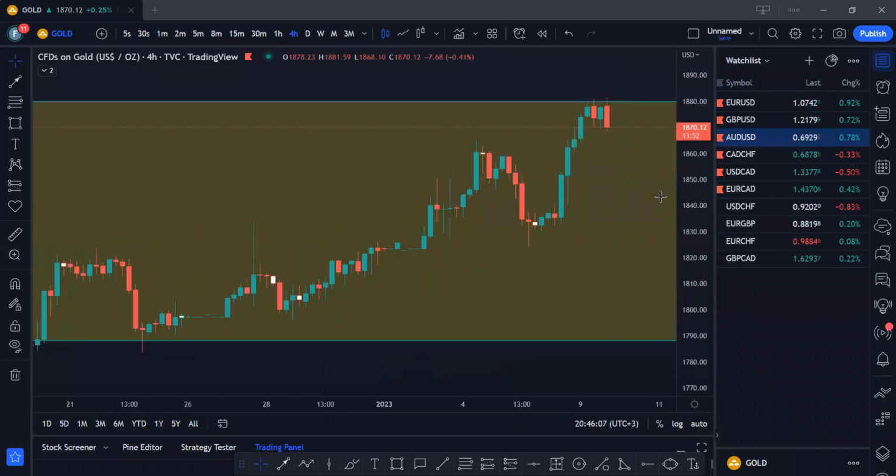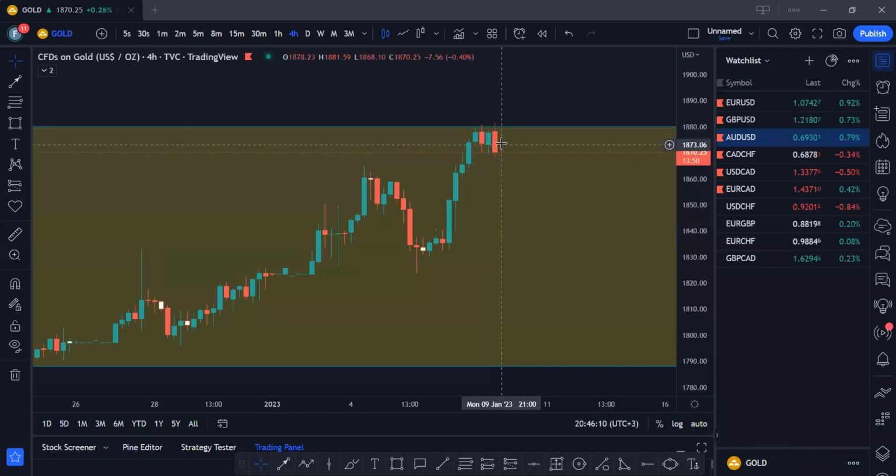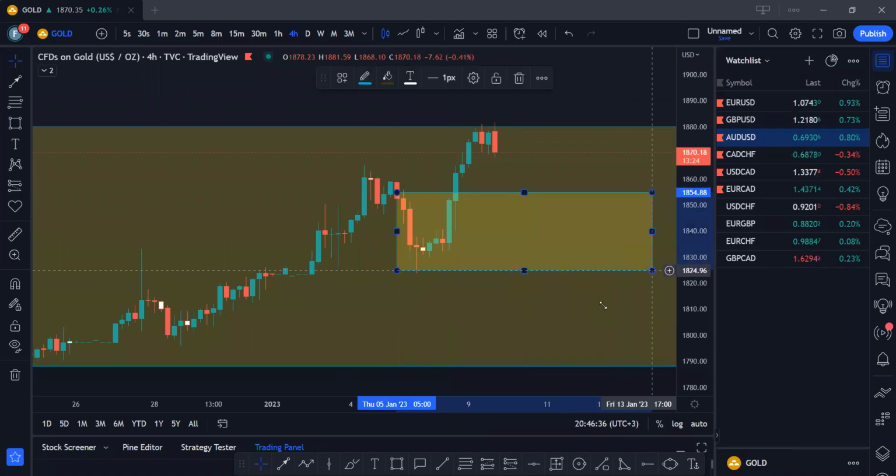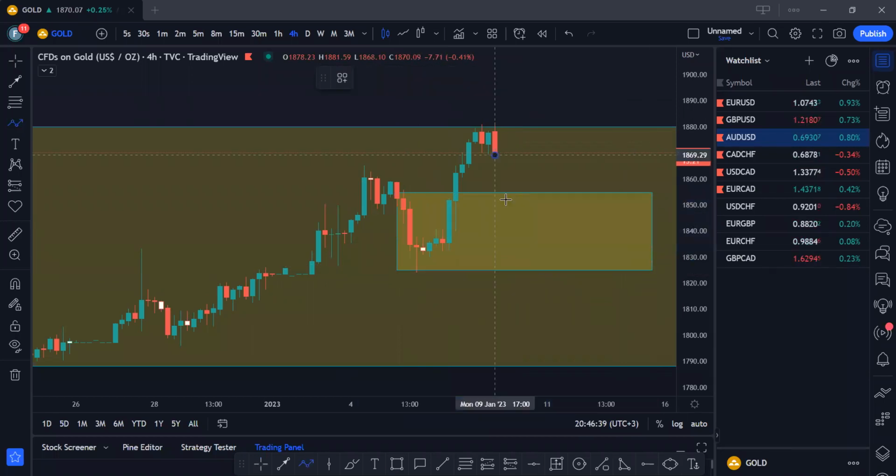Okay, so over here, if price will sell based on market structure right now, the most visible structure is still the uptrend on 4 hours. Price is still very much bullish on 4 hours. So we can wait for price to retrace into this demand. Okay. So wait for the retracement, and then over here, you can look for buy opportunities.